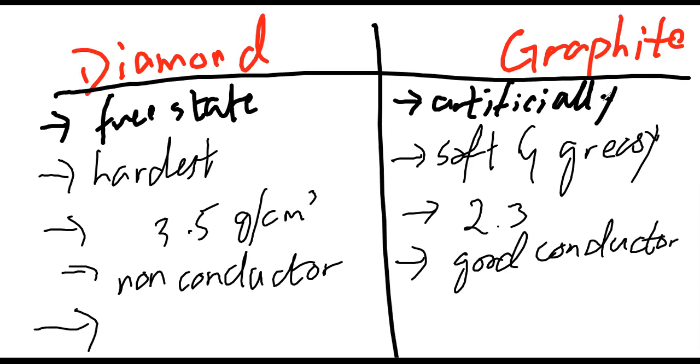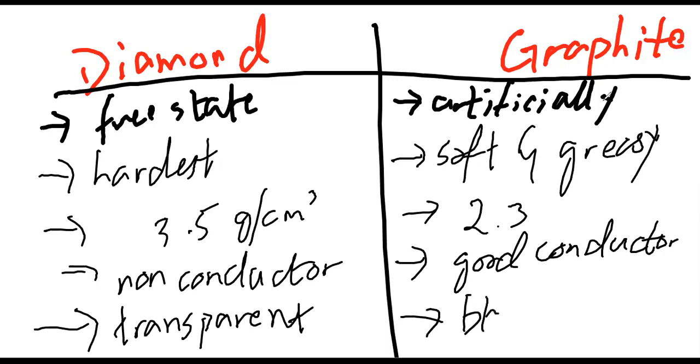While diamond is transparent, graphite is black in color. Diamond is insoluble in solvents.